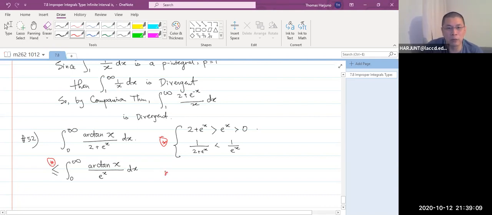Second thing that I will do is, arctangent or tangent inverse of x is actually between negative pi over 2 and pi over 2 in general.